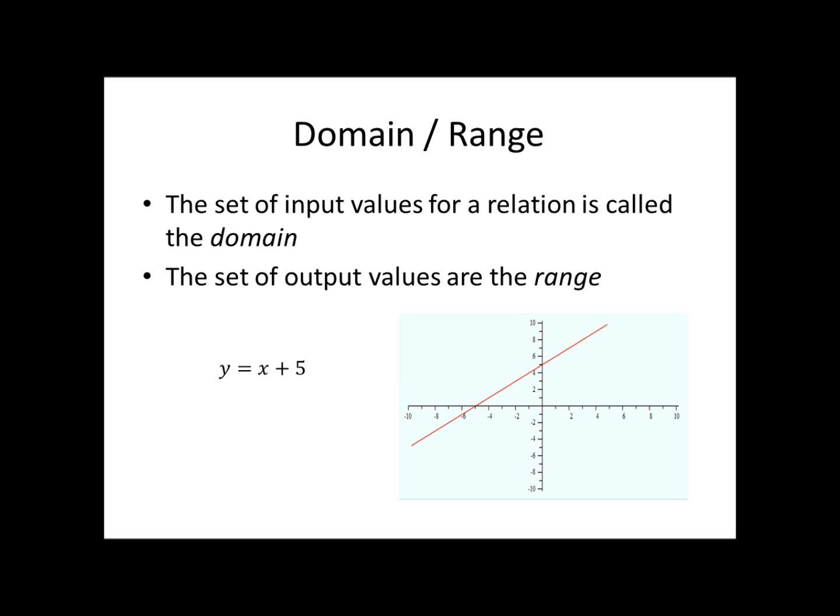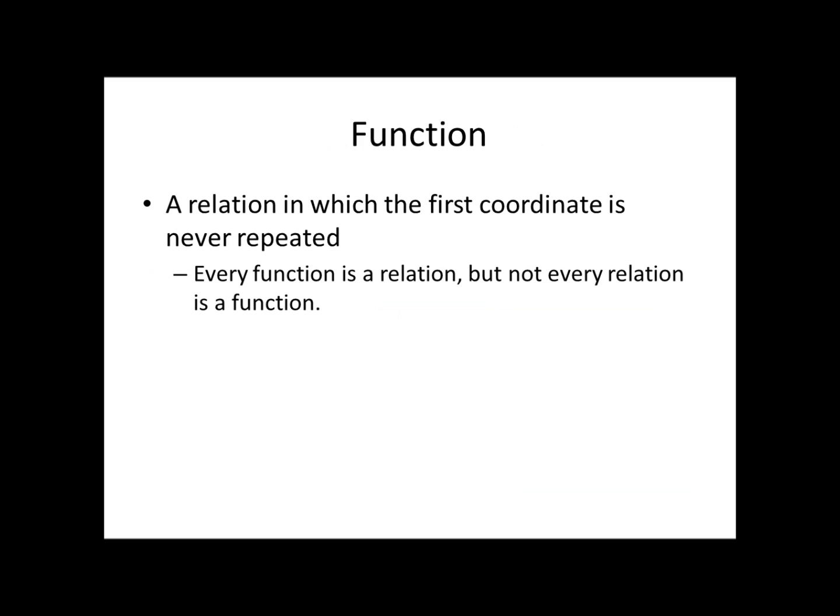It keeps on going down from -5. Just because it stops on my screen doesn't mean the relation stops. So my range in a graph are my y values where the graph exists. Domain is x, range is y. X, y. Domain, range. It's that simple.